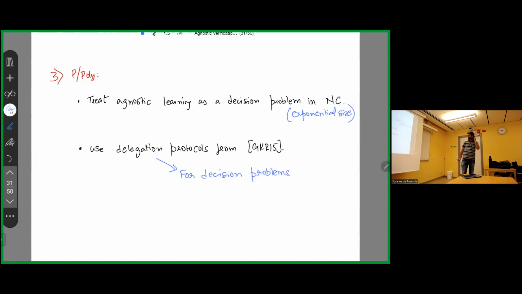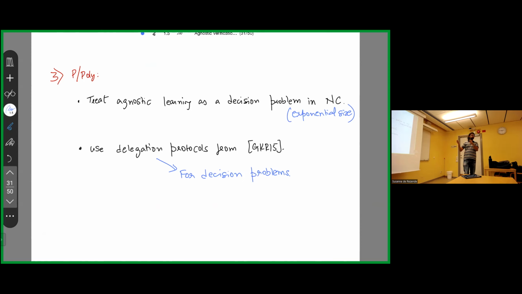And for the last result, which is on p-poly, we treat agnostic learning itself as a decision problem in NC, but of exponential size. Now, once we have this, we can use an off-the-shelf delegation protocol for NC languages, say the one from GKR, which is Goldwasser, Kalai, Rothblum.